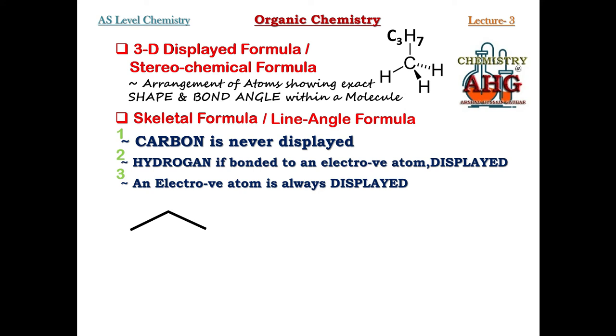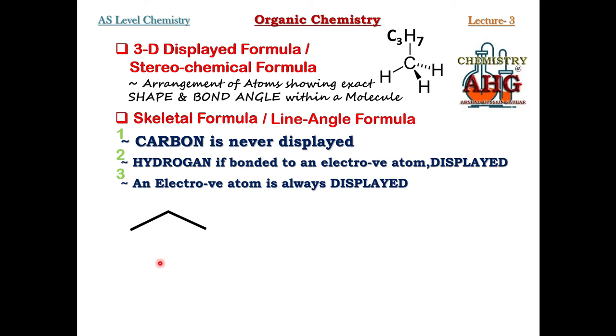You will keep on moving in a zigzag manner until the number of carbon atoms is completed. Now we have got how many ends or kinks? 1, 2, 3. You can identify 3. So each end or kink represents a carbon atom. So I have shown 3 carbon atoms.